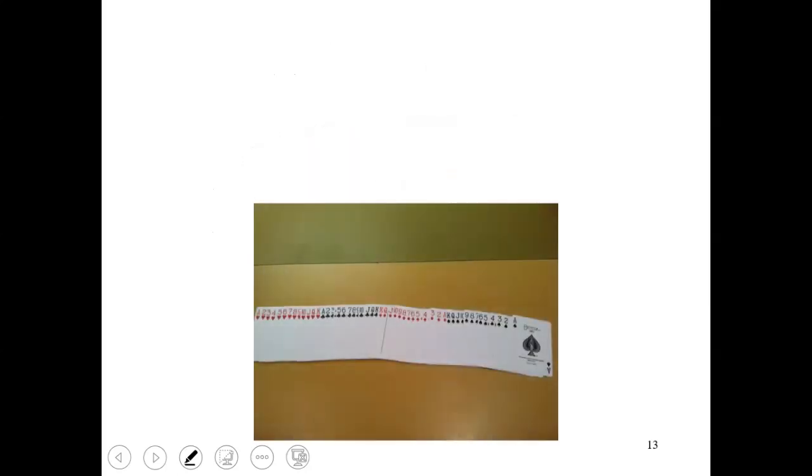Okay, let's say that you get a deck of playing cards, right? Fresh out of the box, you take it out, and you spread it out, and what do you see? All of the cards are in order, right? They're all organized. All the hearts, all the diamonds, all the spades, they're all organized.